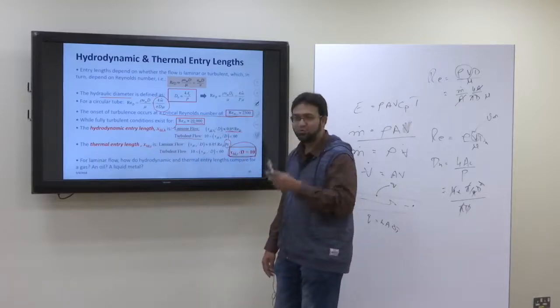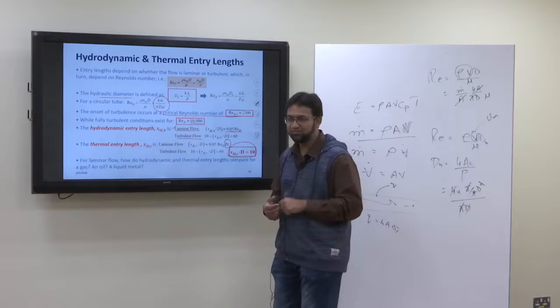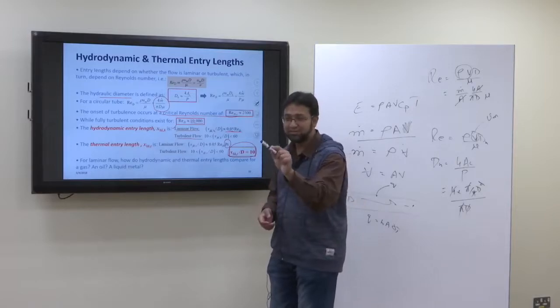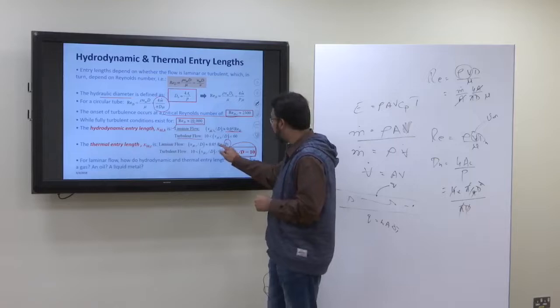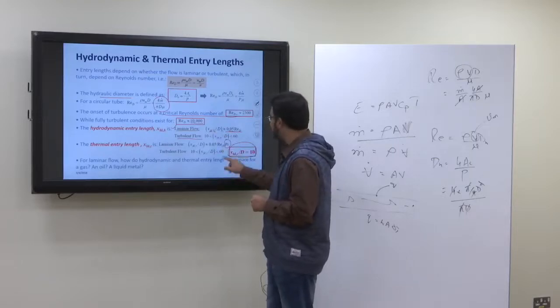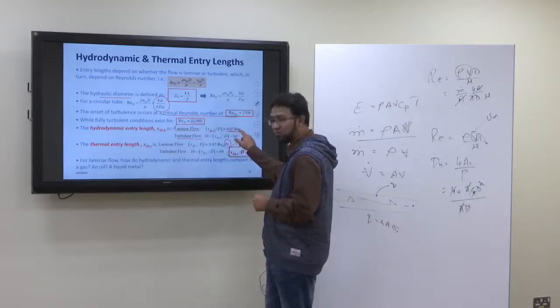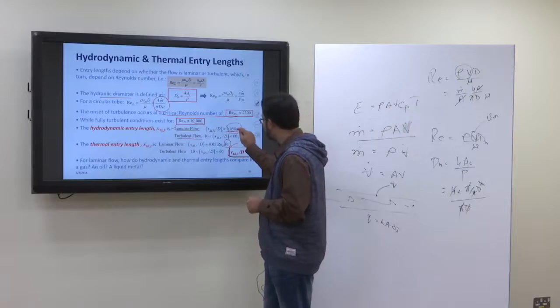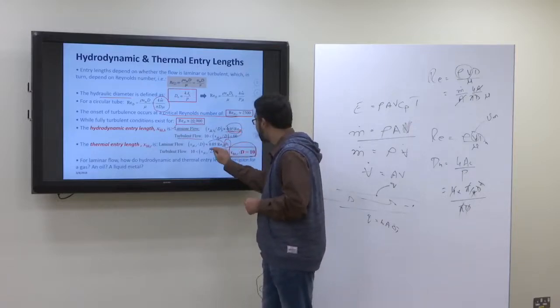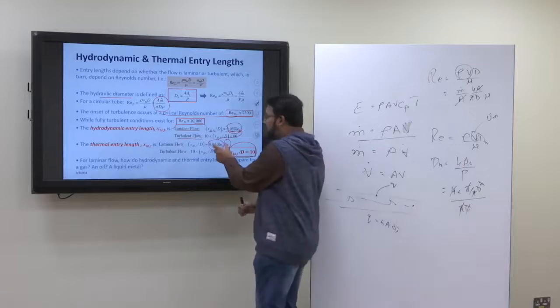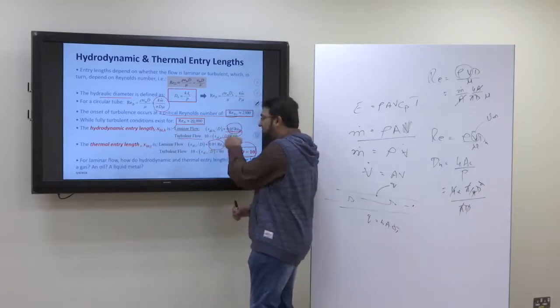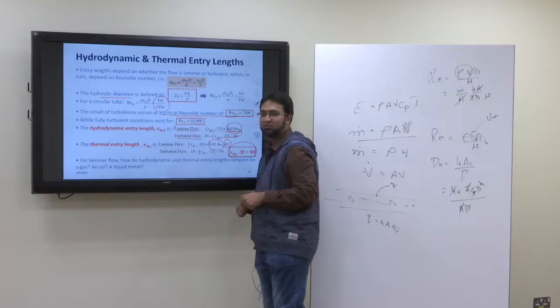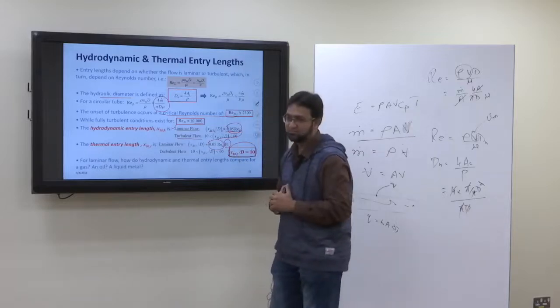So if you know the hydrodynamic entry length, now this is an important point. Hydrodynamic entry length is what? 0.05 times the Reynolds number, right? If I put this here, you just multiply the hydrodynamic entry length by the Prandtl number, and it will give you the thermal entry length.